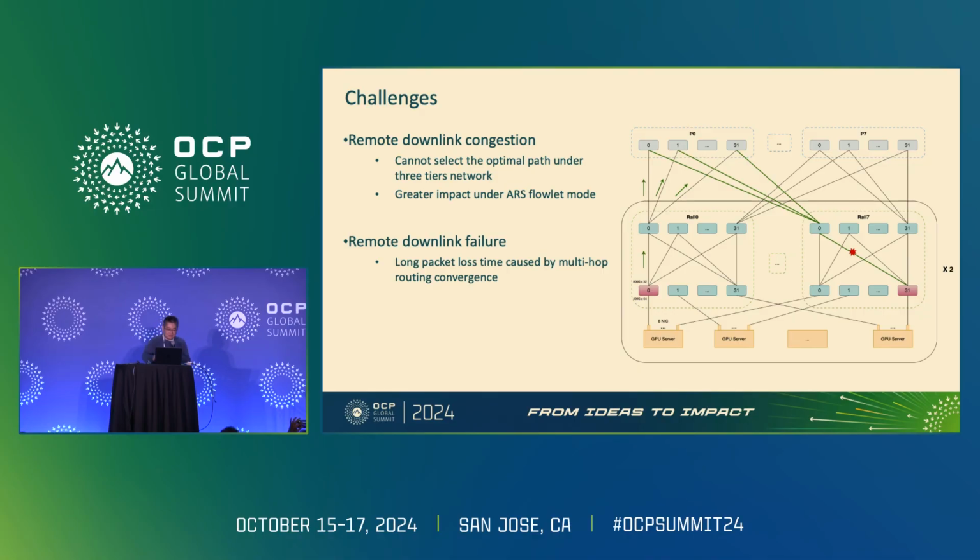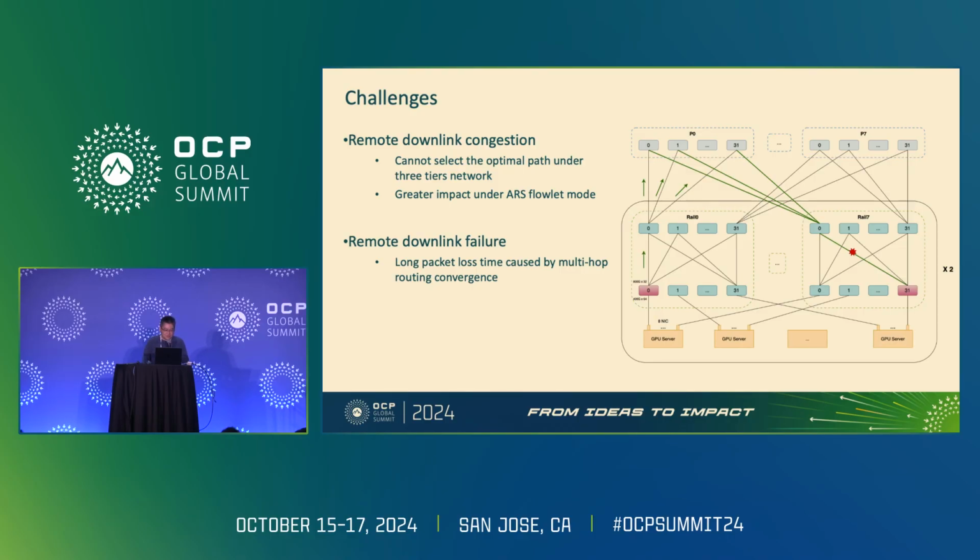We listed here 3 scenarios, and we will discuss them in detail: remote link congestion, remote link failure, and the multi-link scenario in the next slide. Actually, these 3 scenarios are all addressed in our implementation.